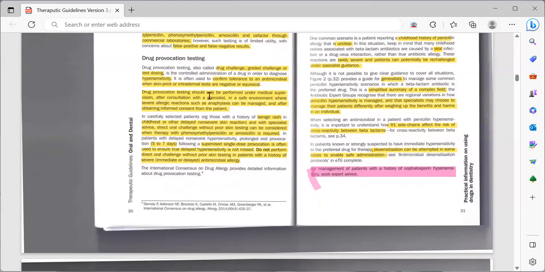Drug provocation testing should only be performed under medical supervision after consultation with a specialist, in a safe environment where severe allergic reactions such as anaphylaxis can be managed. If we are giving a drug to a patient which we suspect he may be allergic to, then it should be done in a safe environment.